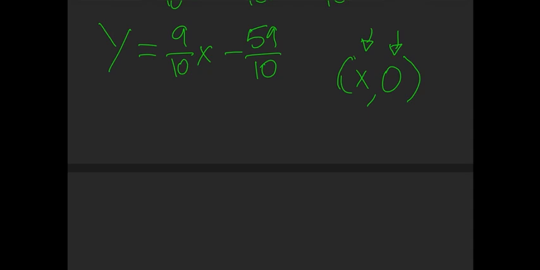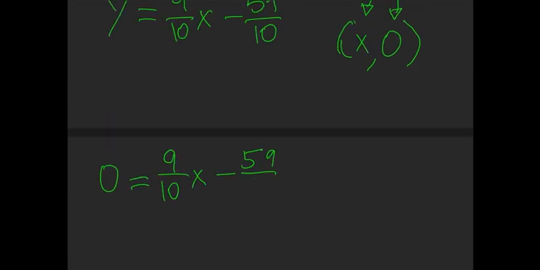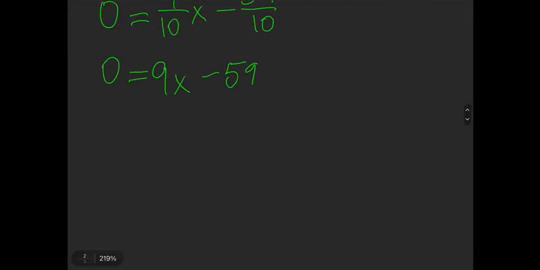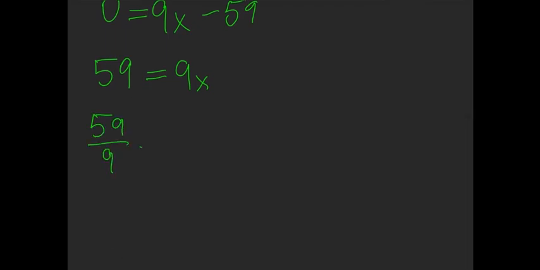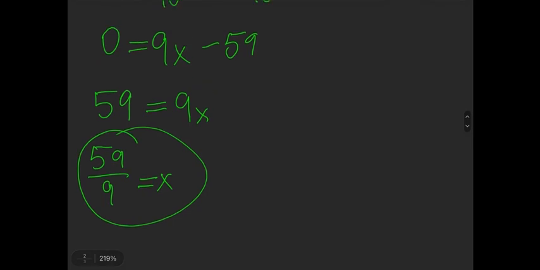So to find x, we'll just set y equals 0, which would get us this. Multiplying both sides by 10, adding 59 to both sides, finally dividing both sides by 9. This is our final answer, 59 over 9.